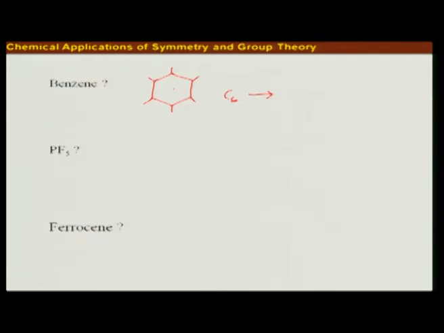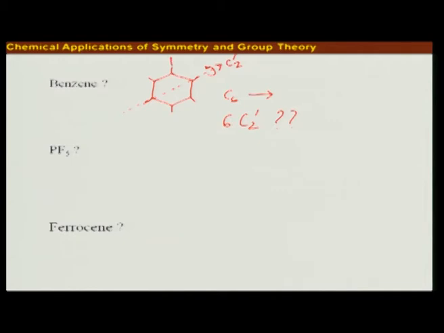So the question we ask is about 6 C2 primes. Let's see. I can imagine an axis here. This is very obvious to us, right? If I give a 180 degree rotation, I get an equivalent structure. So this is one C2 prime because this is perpendicular to my C6.